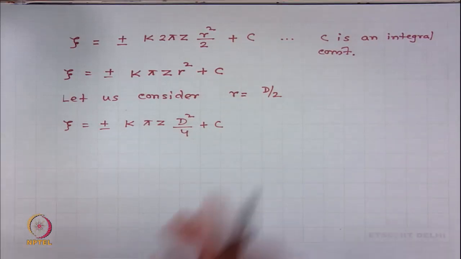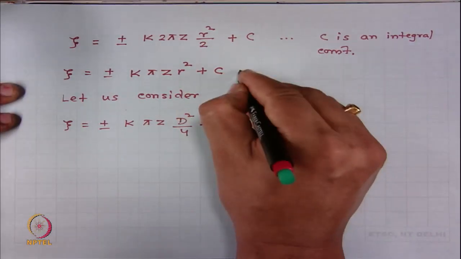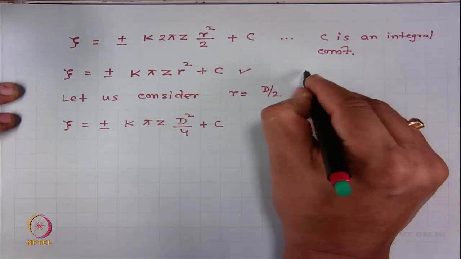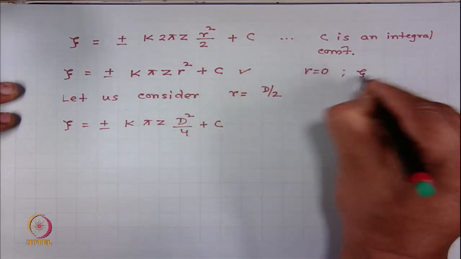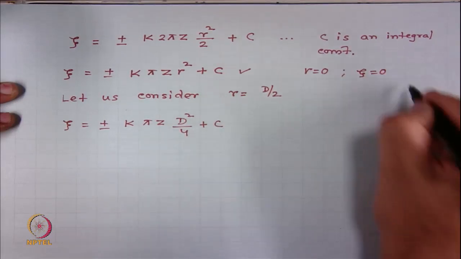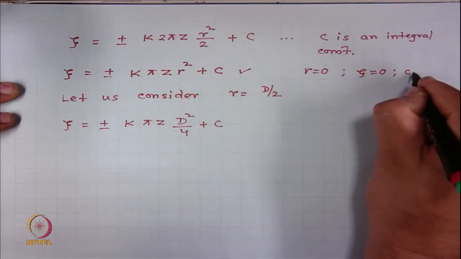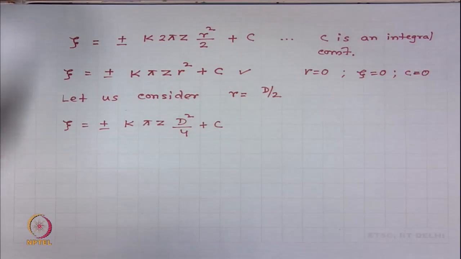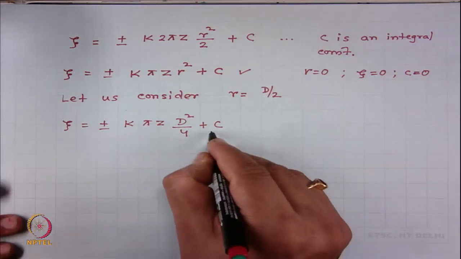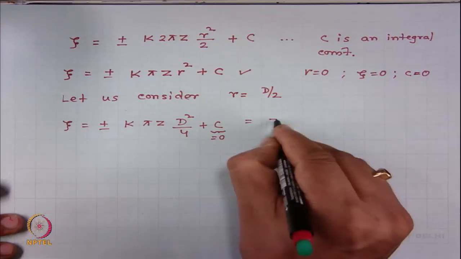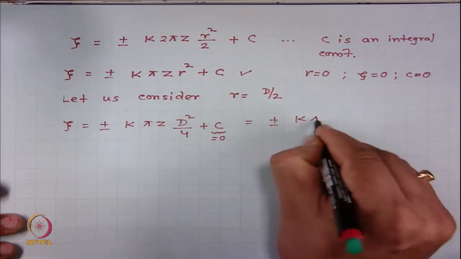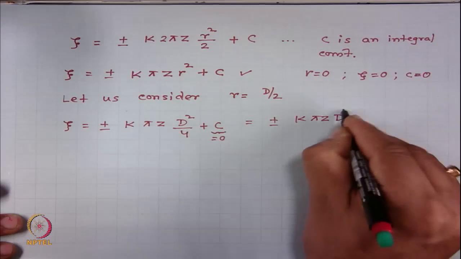Now, look at this equation. When r is equal to 0, this must be equal to 0. So, c is equal to 0. So, what we find is that plus minus k times pi z d square by 4.